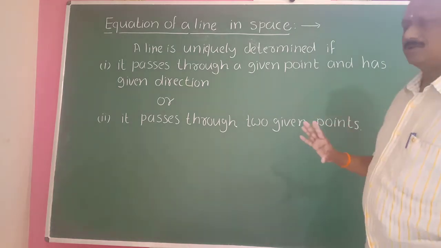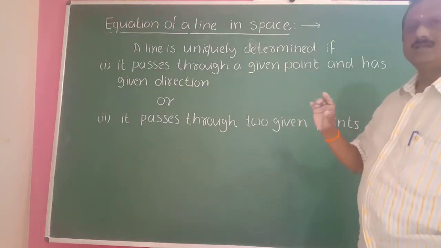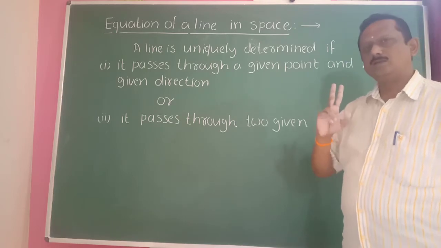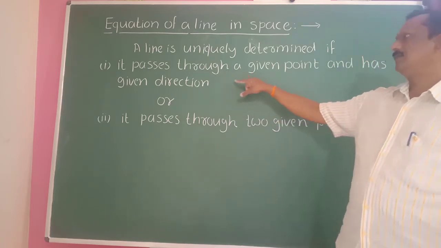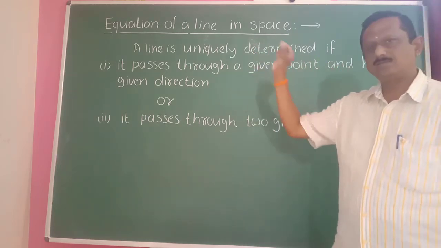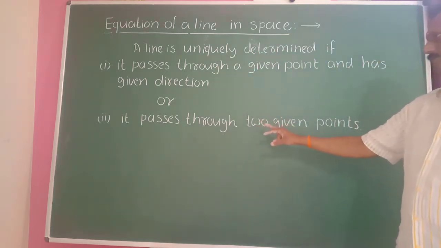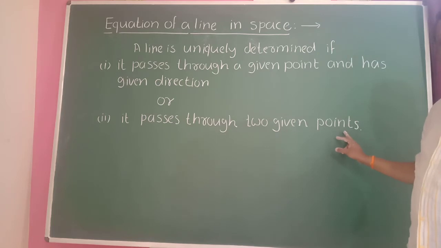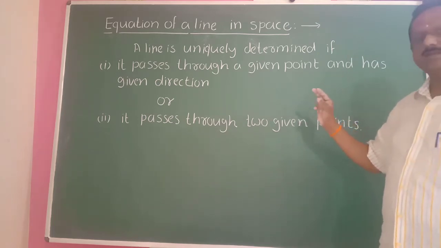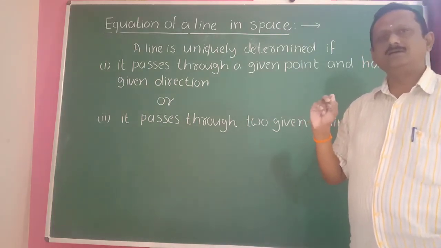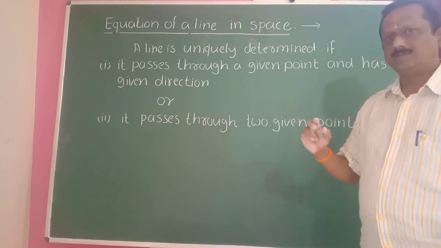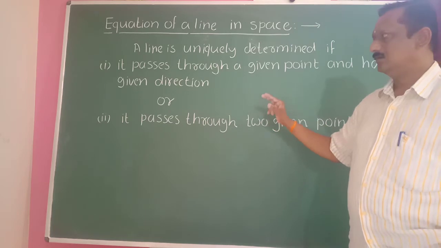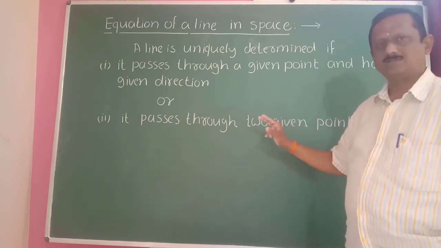In 3-dimensional geometry, even here also you can find the line in 2 ways. Means if you know the point and have a given direction, you can find the equation of the line. Otherwise the line passing through 2 points. In these 2 cases you can find the equation of the line here. Okay. In the next video I will explain the theorem on these 2 cases here.